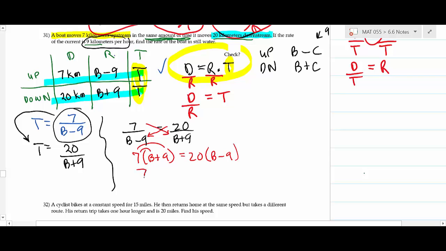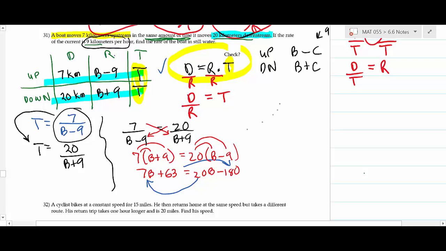So you're going to have 7B plus 63. Go to this side, you're going to have 20B minus 180. Okay, now it's your decision on which side to put B on. So what I'm going to do is rearrange it this way, and this is just a decision that I'm making. I'm going to move the 20B there, and I'm going to move the 63 there. At this level of class, if you're not already used to it, start moving stuff.